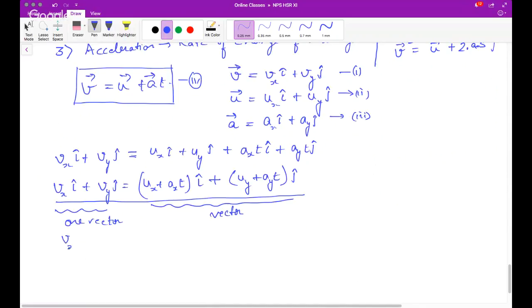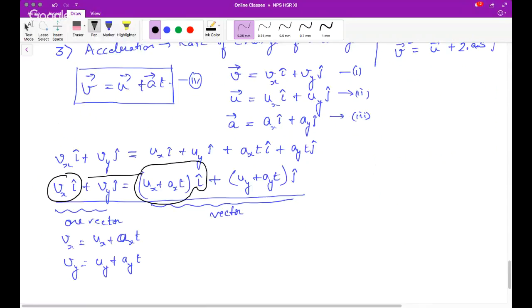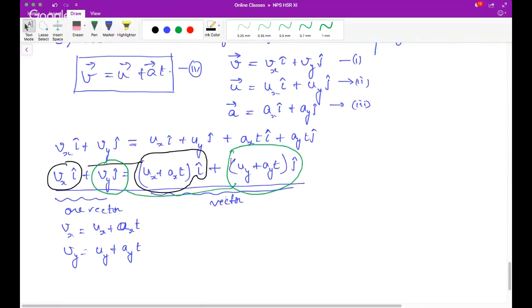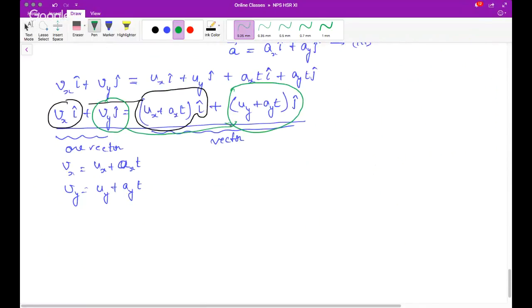So hence we say vx is equal to ux plus ax t, and vy is equal to uy plus ay t. So matching i to i, and j to j, if you equate these, you get these two relations.